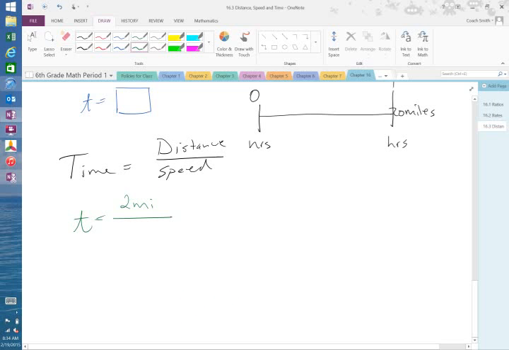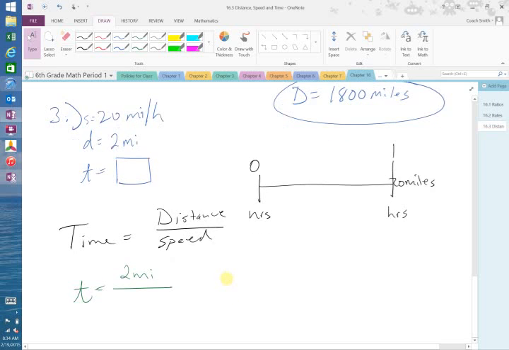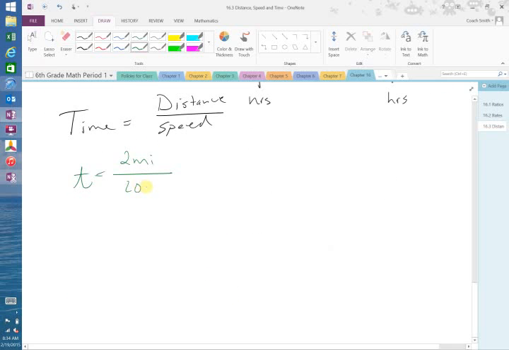And what is the rate of speed? Read the screen. 20 miles per hour. Now, time is equal to 2 over 20. Well, what does 2 over 20 reduce to? 1 over 10. So that's 1/10 of an hour.